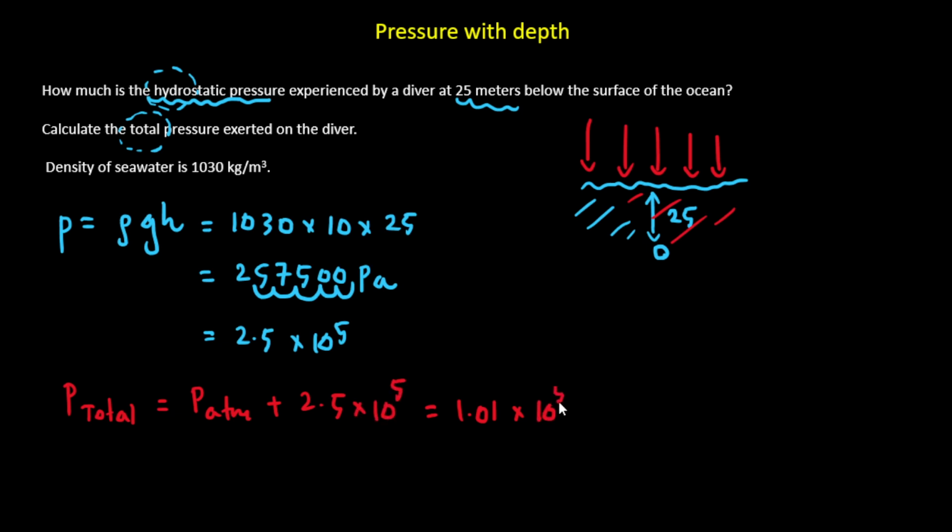So 1.01 × 10^5 plus 2.5 × 10^5, and you should end up with 3.51 × 10^5 pascals.